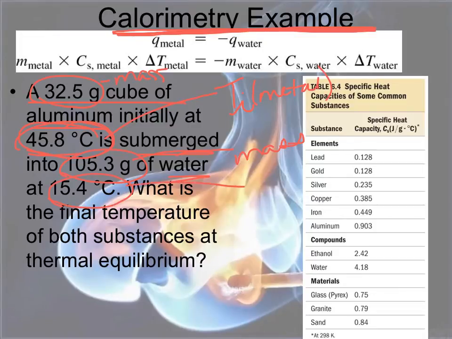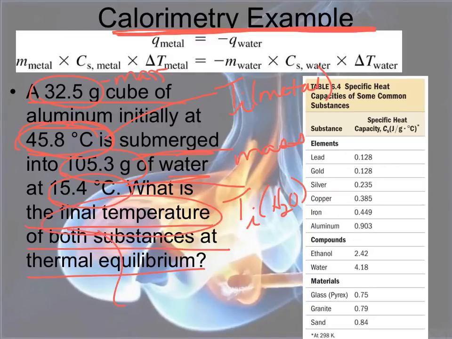It was a little bit cooler than room temperature. What is the final temperature of both substances at thermal equilibrium? Realize that T_F for both of these substances, like any two substances at different temperatures, will be the same, because they're going to transfer heat until the T_F is the same.